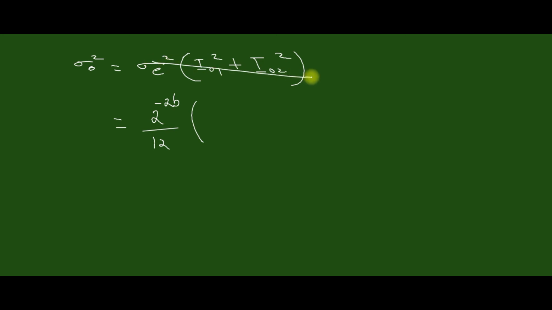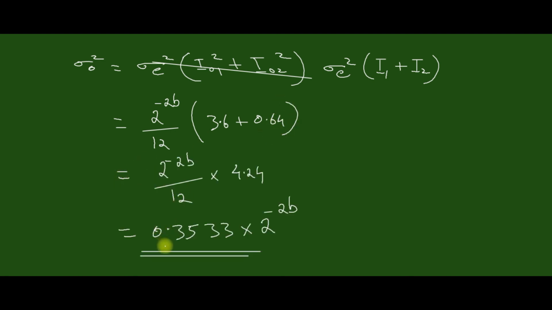So the equation is sigma e square into I1 plus I2, which is equal to 3.6 plus 0.64, which is equal to, substituting the value, we will get the answer as 0.3533 into 2 raised to minus 2b, where b is the number of bits excluding the sign bit. Thank you.